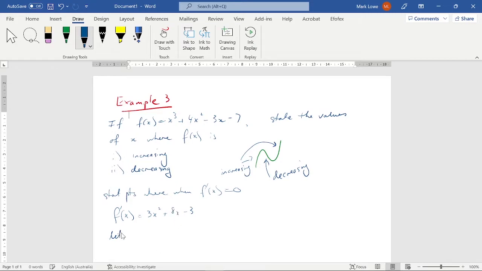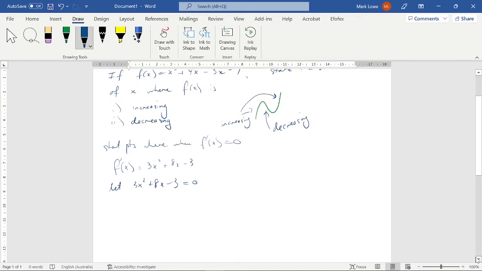So we'll let 3x squared plus 8x minus 3 equal 0, and solve that. Let's see if we can factorise it. We need numbers that multiply to give negative 9 and add to give 8. That'll be positive 9 and negative 1.